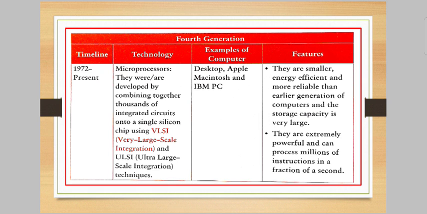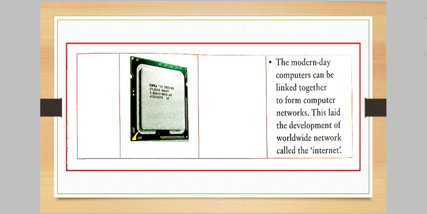They were developed by combining thousands of integrated circuits onto a single silicon chip using VLSI, very large scale integration, and ULSI, ultra large scale integration techniques. Here you can see the microprocessor chip. Nowadays all desktops, laptops, all the computers have this microprocessor chip.